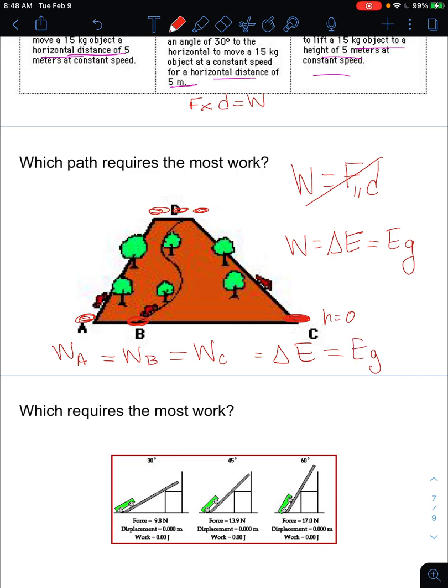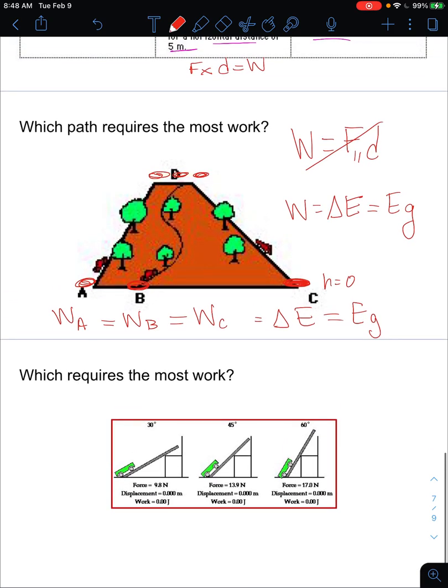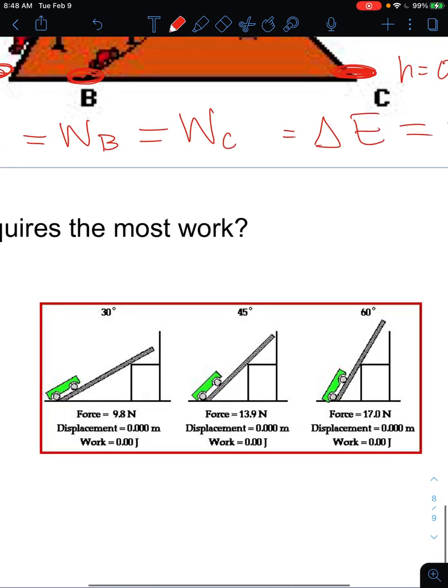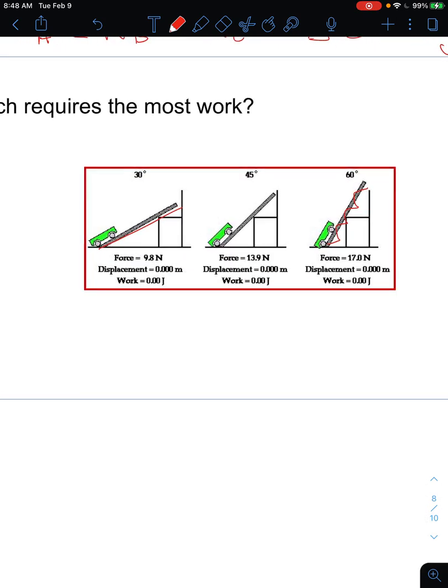Okay. Again, when we go up the stairs or when we go up a ramp, you might have noticed that some stairs you have to climb up really steep, and sometimes there's a long ramp as well. Let's talk about taking the stairs versus taking a ramp.